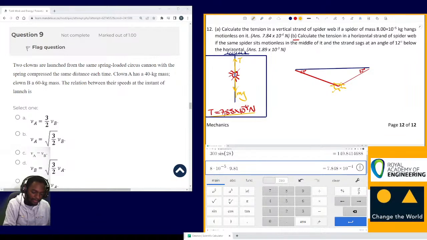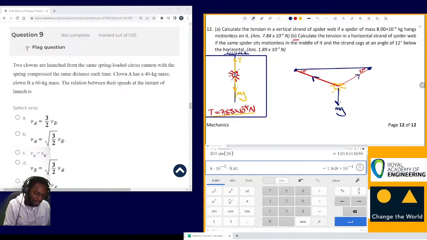Right, so let's identify the forces that are going to be acting there. We obviously have the weight. And we're asked to find the tension. So our tension is the one supporting the weight, so it's in this direction.